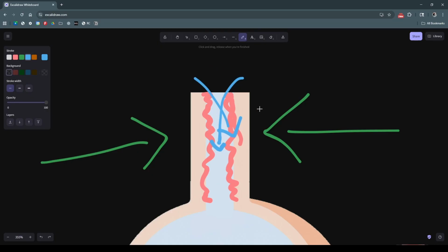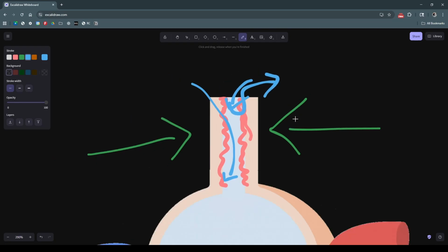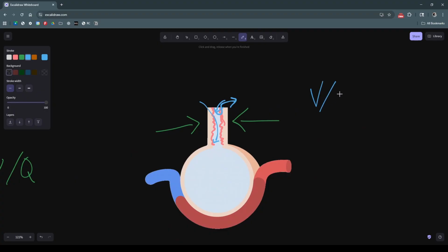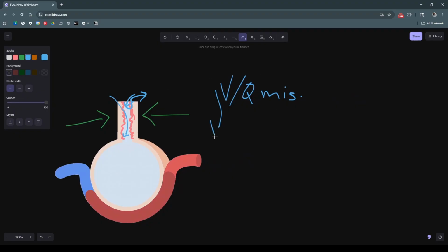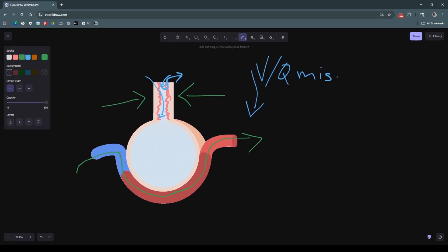So in this case, with bronchoconstriction, I'm not getting anywhere near the kind of air in and out that I was before. We're going to call that a VQ mismatch, because essentially my ventilation is low, even though my perfusion is completely normal. And so these things, like probably everything in life, follow a spectrum, I guess.